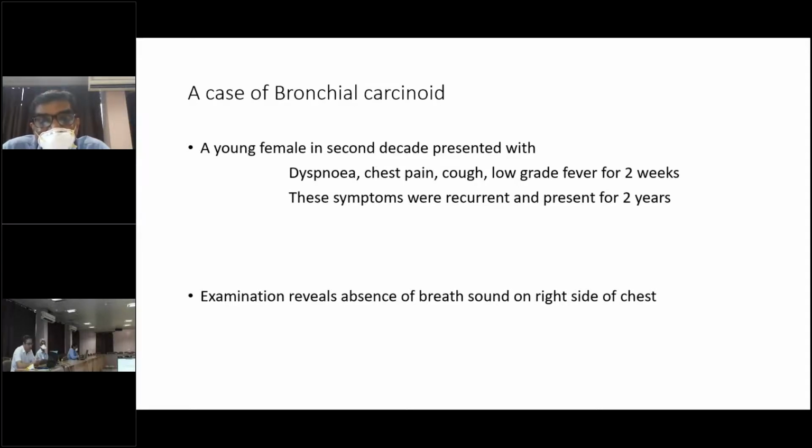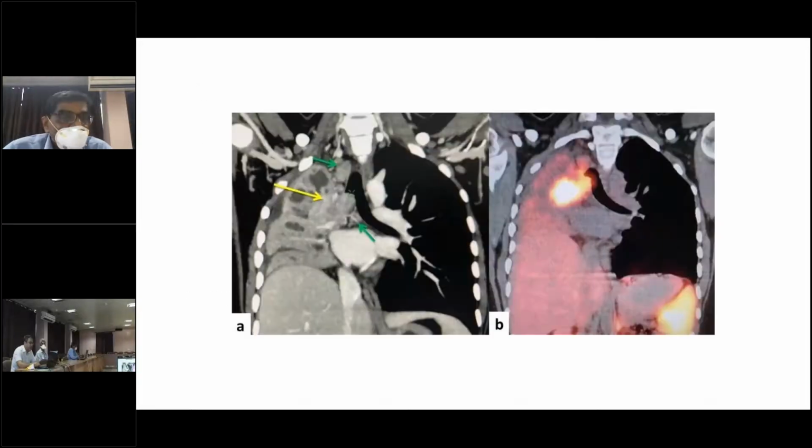Further investigation revealed that there was a bronchial carcinoid, and it was in the main bronchus. It was almost reaching the carina and indenting inside the carina.